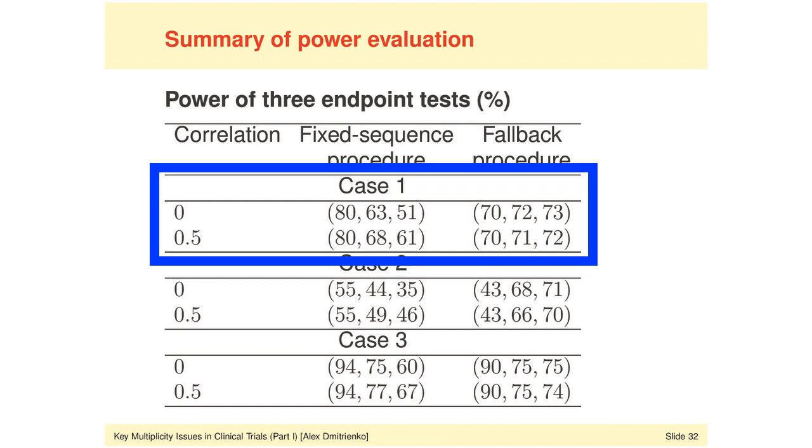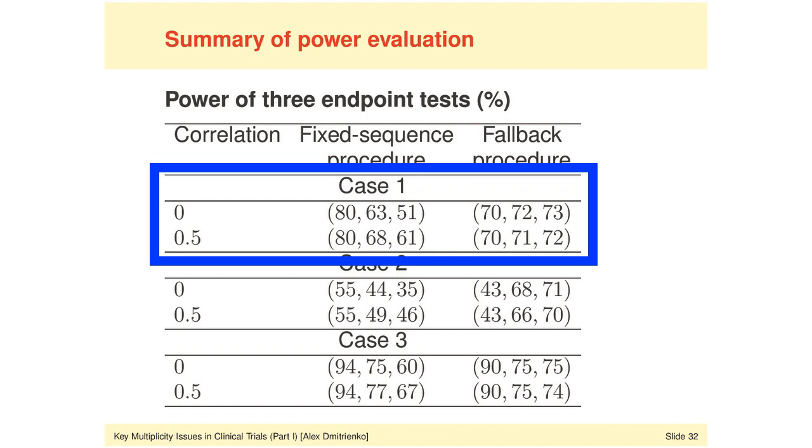When we look by contrast at the performance of the fallback procedure, in the same case, power of the first test is going to be lower than 80%, it's only 70%, but this should not really surprise us. Remember that the fallback procedure spends only half of the available alpha on the first endpoint.